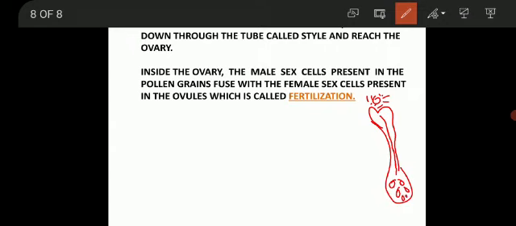So, pollen grains contain the male sex cell. So, both male and female sex cells fuse here. So, the male sex cell fuses with the female sex cell. This fusion of male and female sex cells is called fertilization.